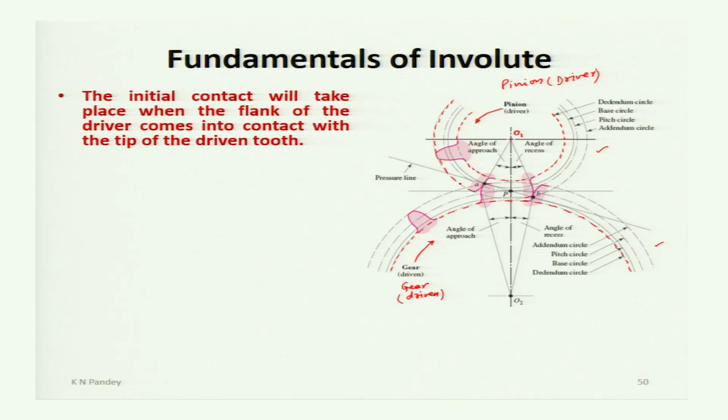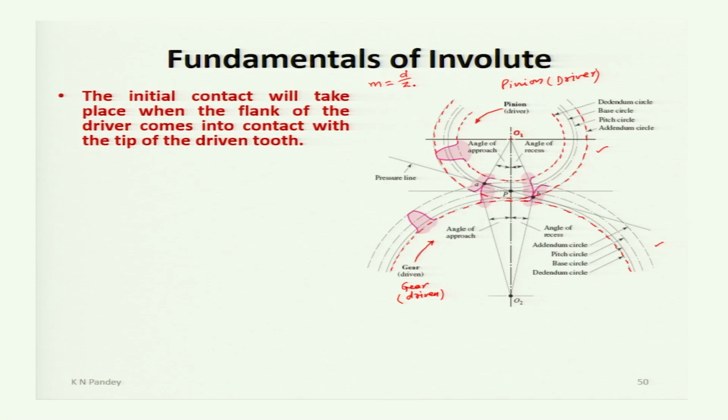Knowing the pitch circle diameter, you can find the addendum and dedendum circle diameters, because the standard specification is the module, and we all know that module is the pitch circle diameter divided by number of teeth.